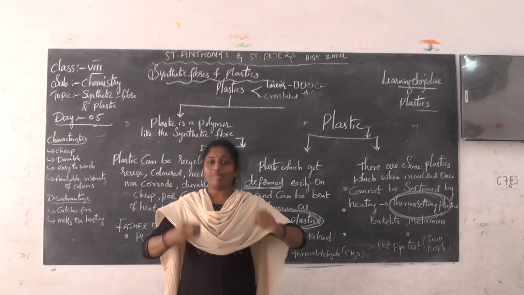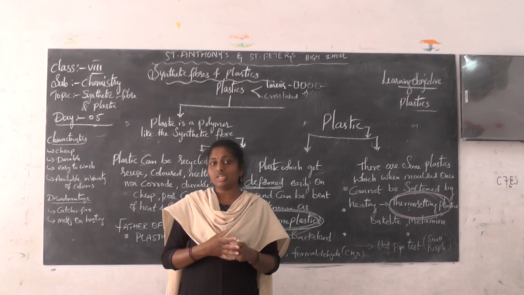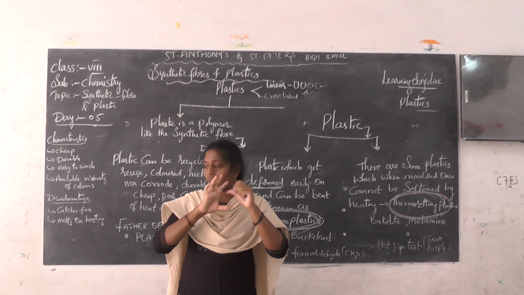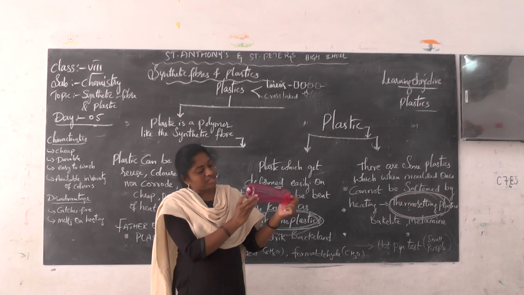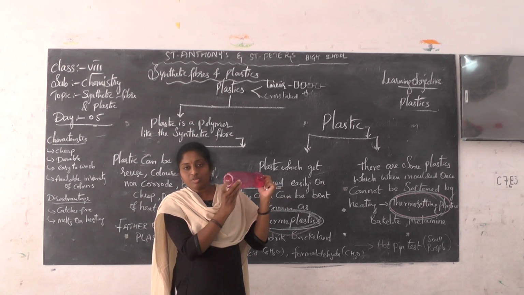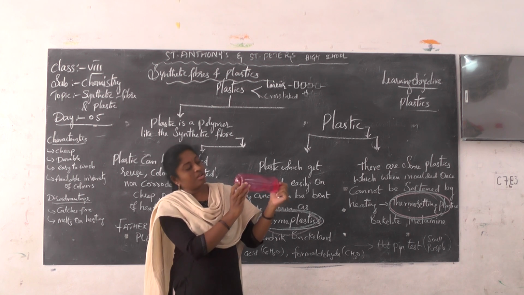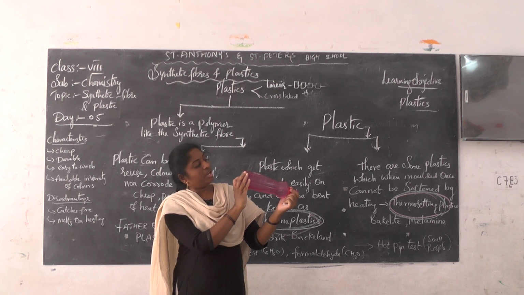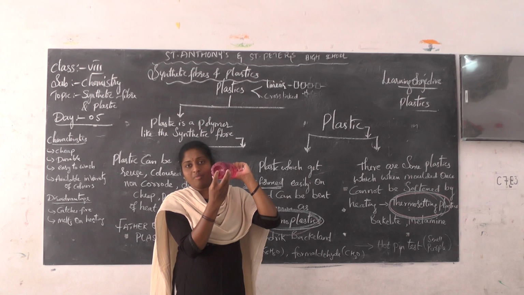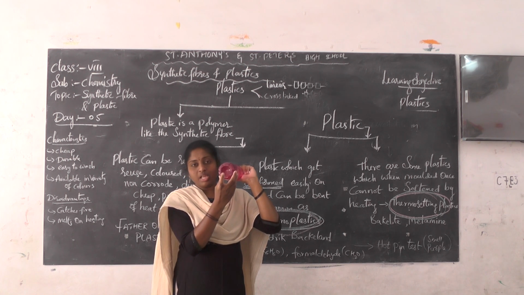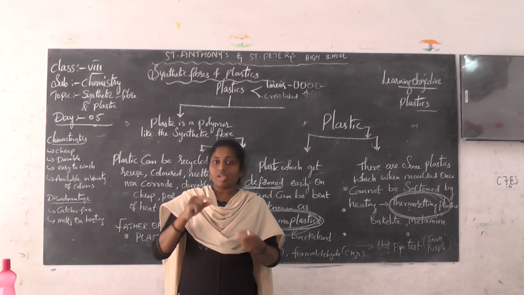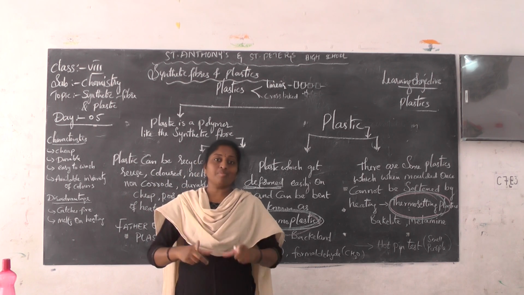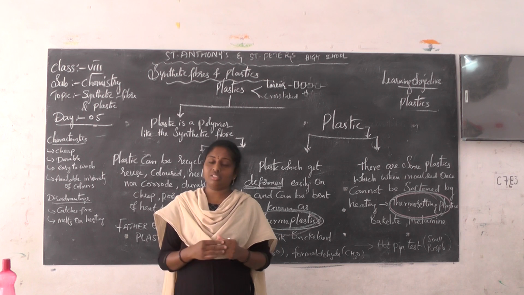Whatever plastic materials are there in your house, just turn them over. For example, I have a water bottle here, and if you turn it like this, you can see a triangle. In this bottle I have a triangle with the number 1. Like that you can see some numbers. Please observe it and be ready for the next section.